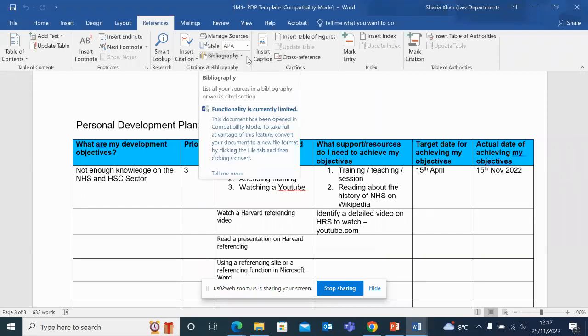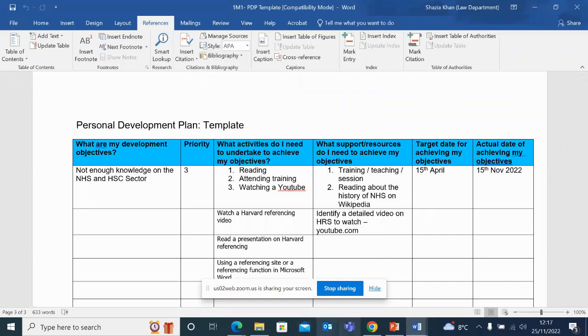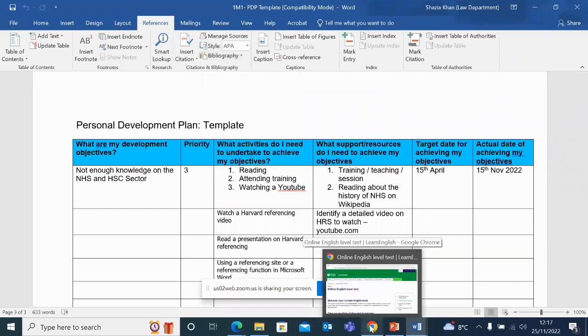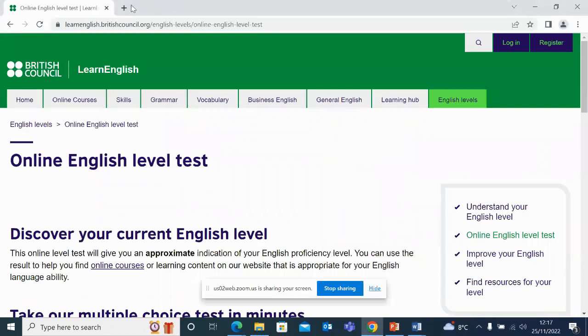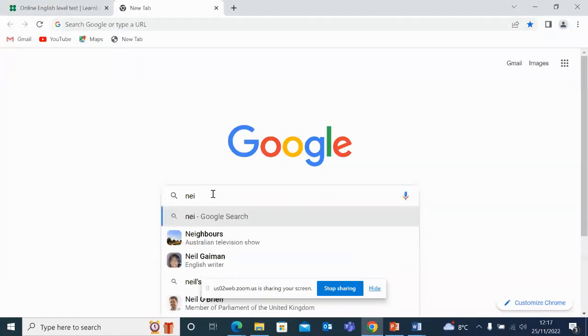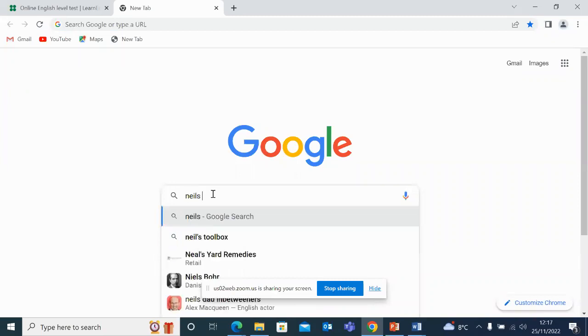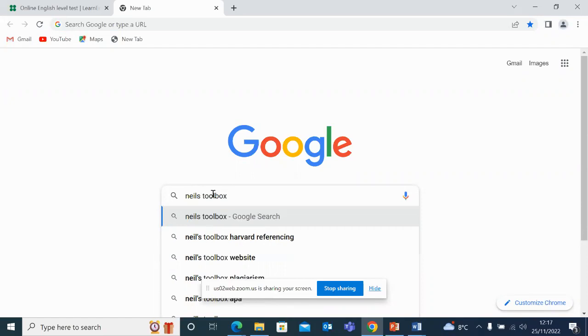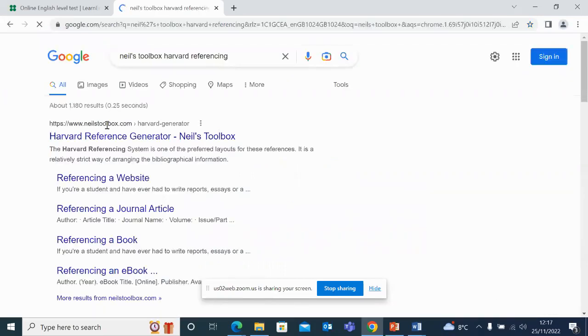I don't know which site you're using, but there is something I'll just show you on here. There's something I know that I use. It's called Neil's Toolbox. I don't know what the university uses, but this is a really good one for you to understand and use. Can you see that?